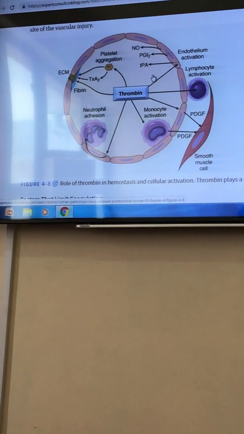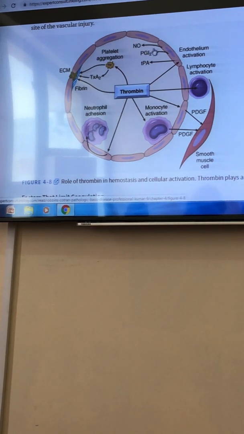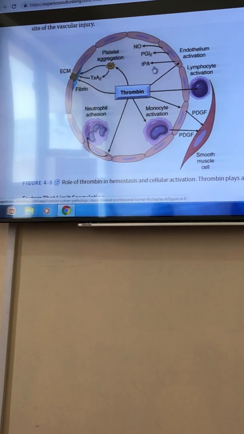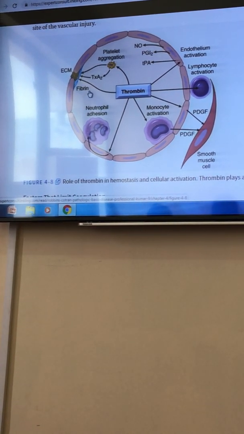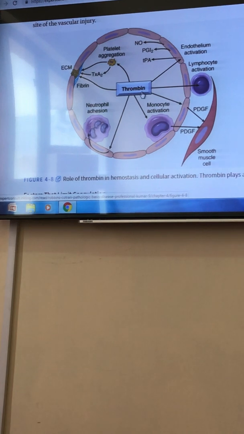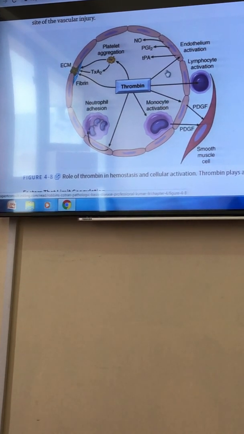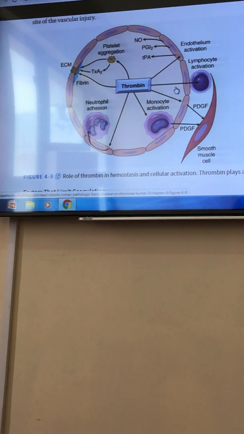But in this part, thrombin can activate endothelial cells to produce some molecules that prevent this hemostatic clot formation. So thrombin itself has both thrombogenic effects and thrombolytic effects.